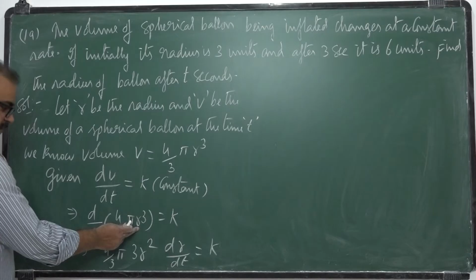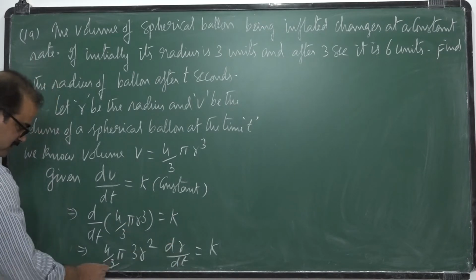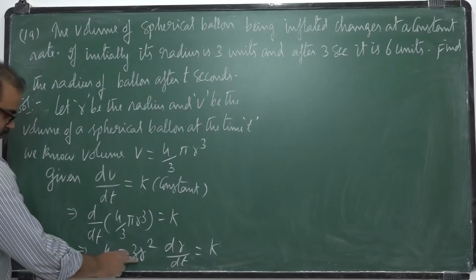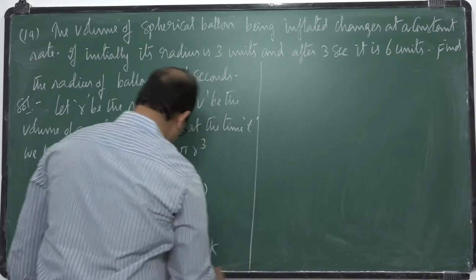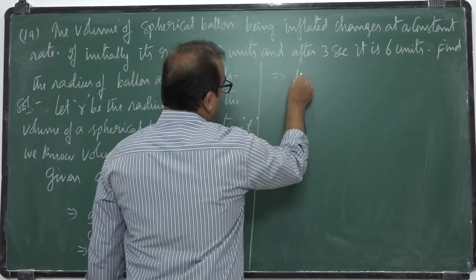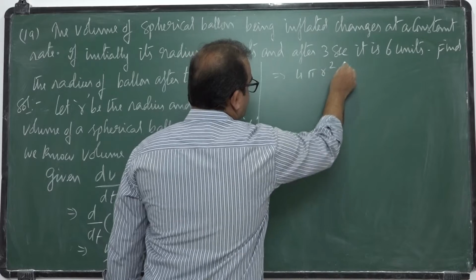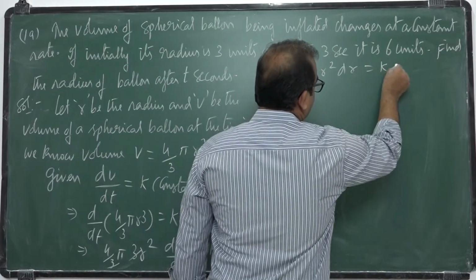The 3 gets cancelled. On cross multiplying, 4 pi r square into dr is equal to k into dt.